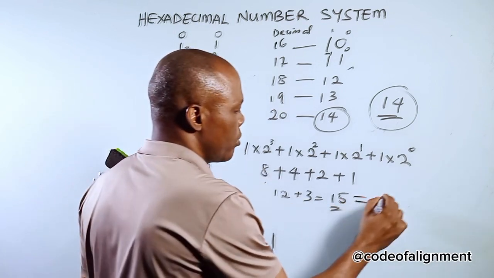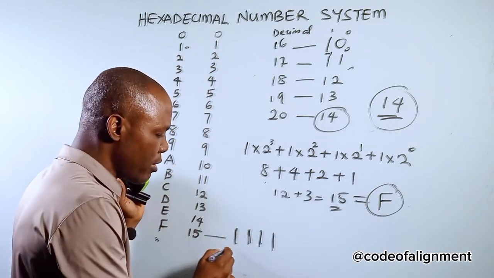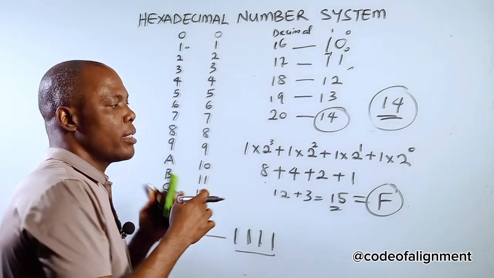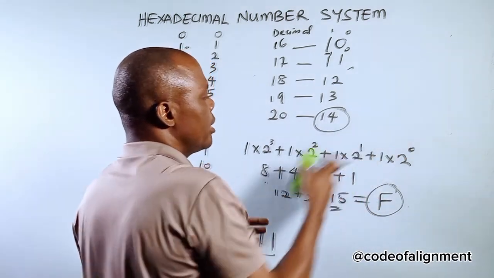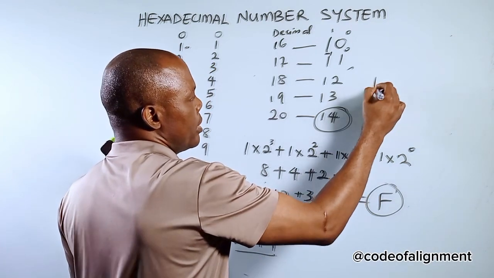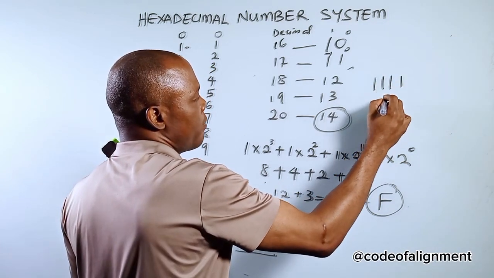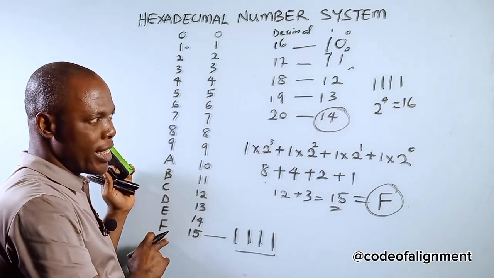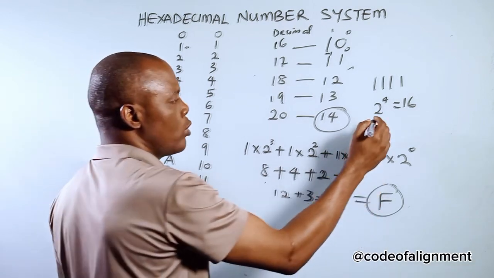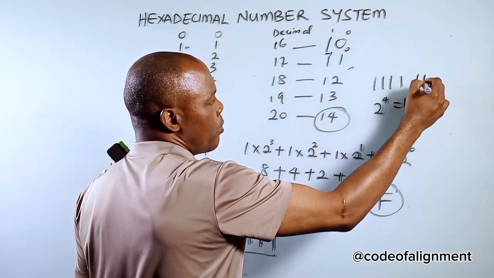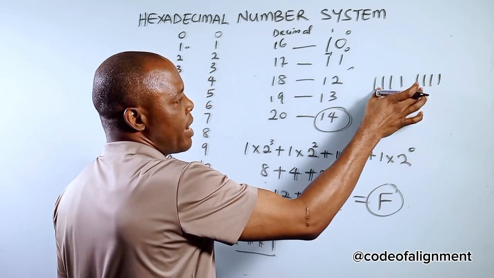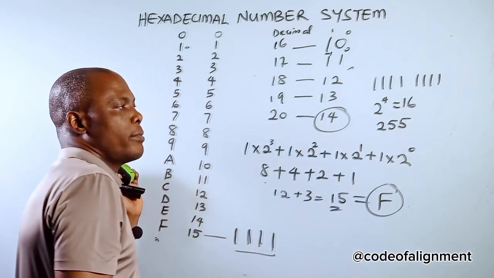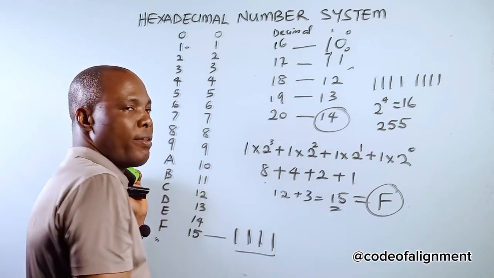So here we just replace it with F. Instead of writing these 4 bits, it is F. This is 4-bit, that is 2 raised to the power 4, which is 16, so you have a digit in hexadecimal to replace it, which is F. If we have another 1, 1, 1, 1 again, in binary, if you convert it to decimal, that is 255.